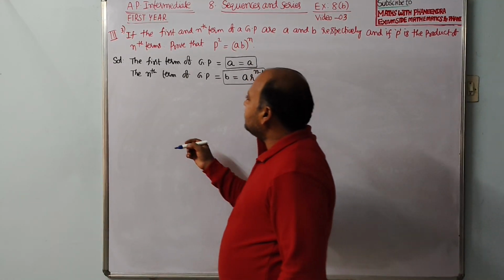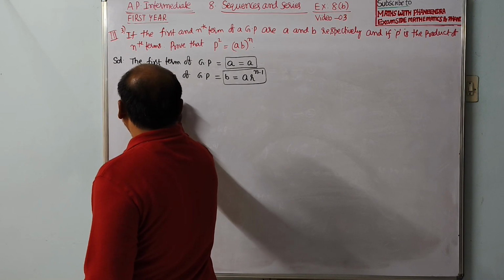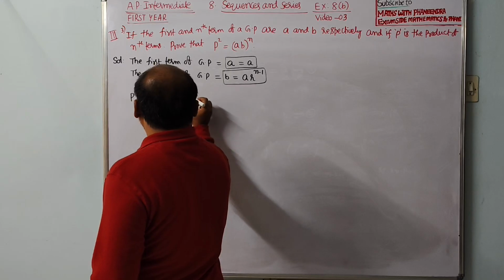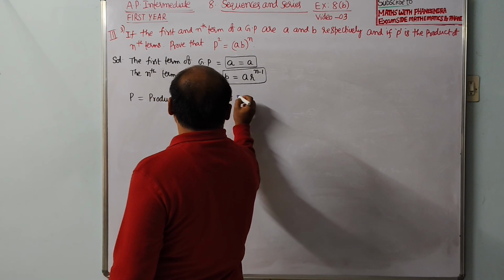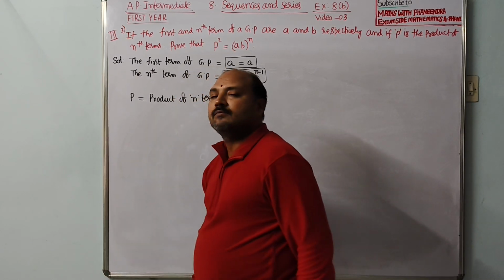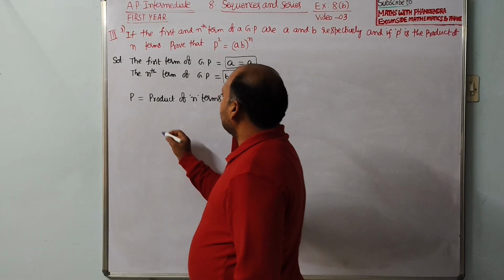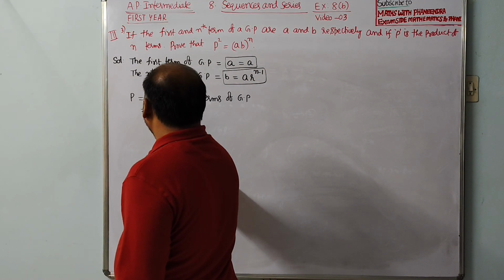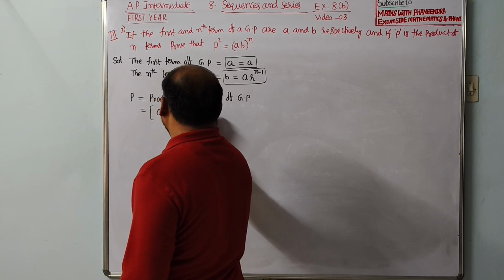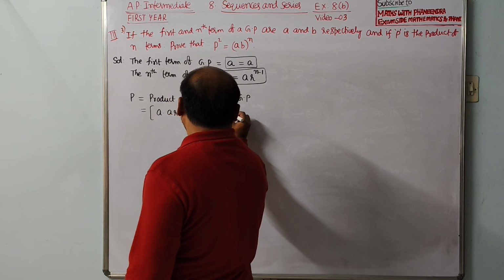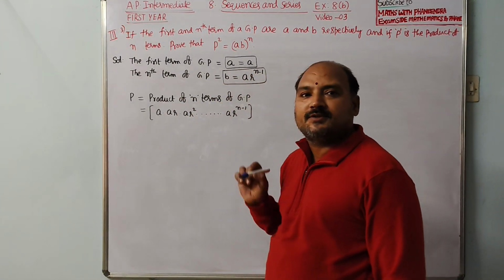Next, P is equal to the product of n terms of GP. So what are the terms? Product: A first term, A r second term, A r square, and so on, A r power n minus 1, the product of n terms, dear students.